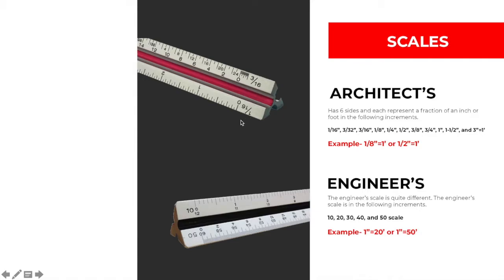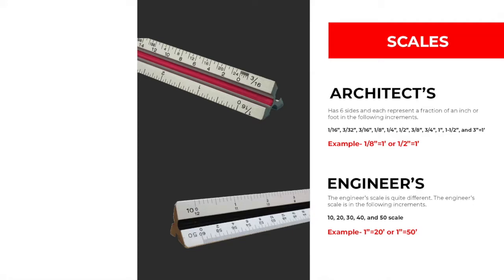There is a 16 scale, which represents 1/16 of an inch equals 1 foot, or could be used as a standard ruler. Works both ways. There are some scales that are 1/16 inch equals a foot. In the engineering scale, these are increments that represent drawings that represent entire sites and sometimes entire city blocks or city regions.